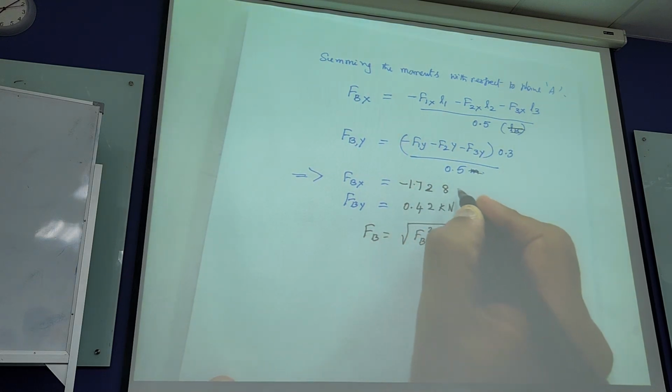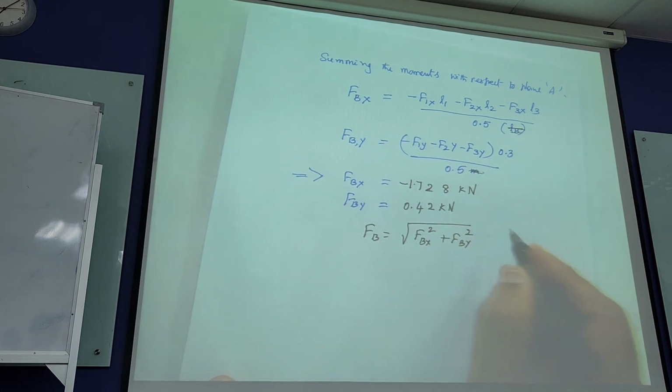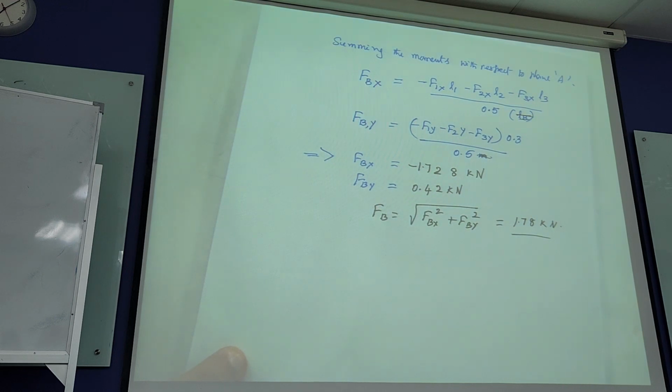Yes, correct. Then FB will be, you get about 1.78 kilonewtons. So this is the balancing force required at plane B.